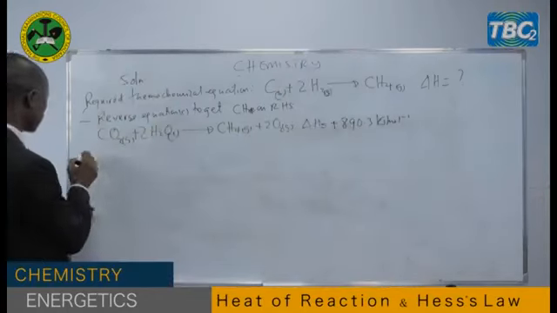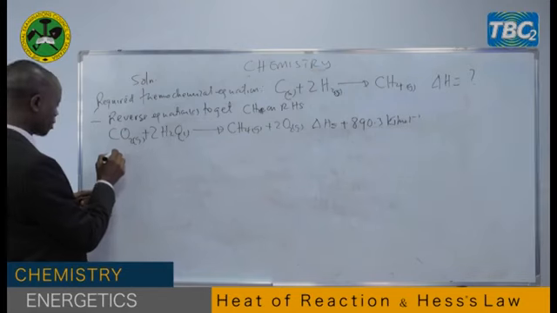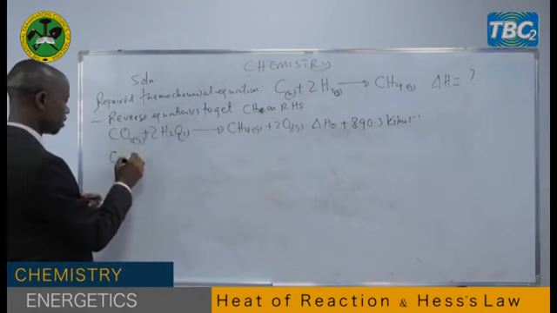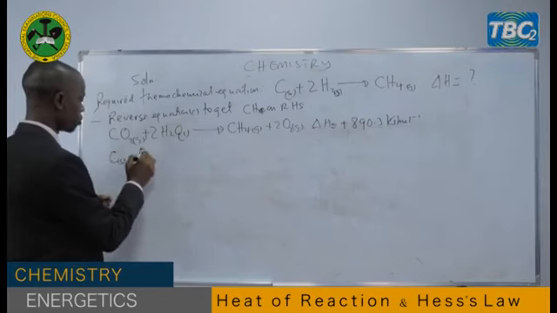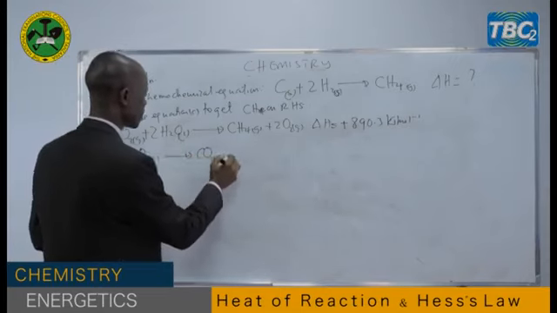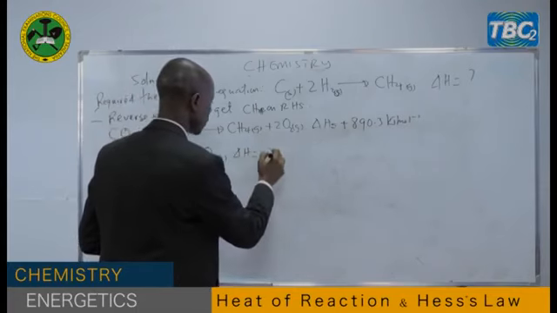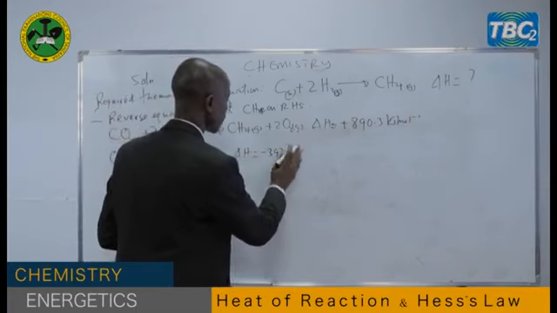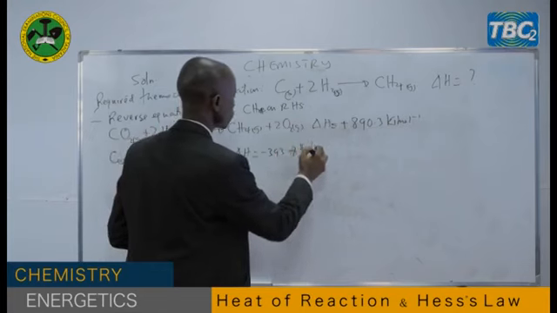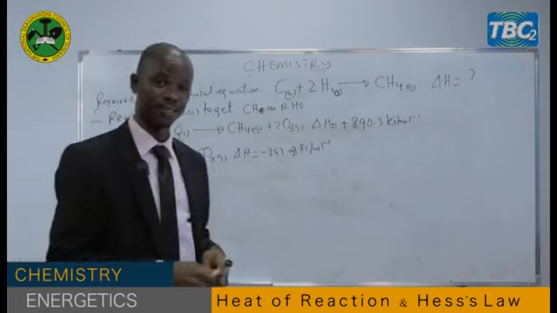So you write here, carbon solid plus oxygen gas to get carbon dioxide gas. The enthalpy change of this reaction will remain as it is, negative 393.7 kilojoules per mole. That is very, very important.